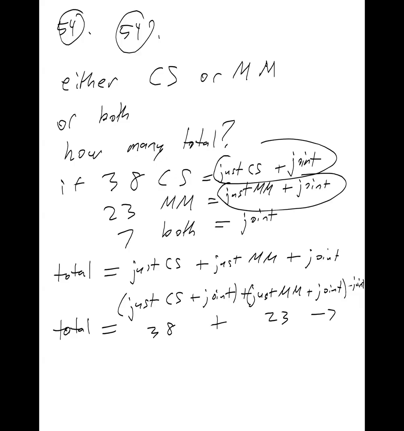And they call this, in counting, sometimes they say that the number of things that are in set A and B together is equal to the number of things that are in A plus the number of things that are in B minus the number of things that are in A and B together. That also works for probability as well.